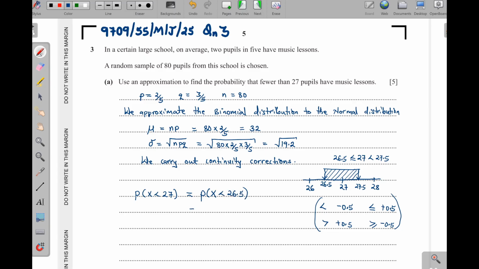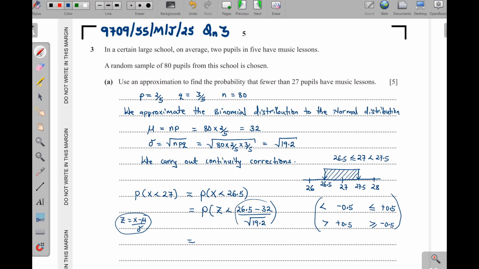Then we standardize. Remember, z is equal to x minus mu out of the standard deviation. So our x now becomes the z, then less than. We standardize this, it will be 26.5 minus the mean, which we have gotten as 32. Then we divide by the standard deviation, root of 19.2.